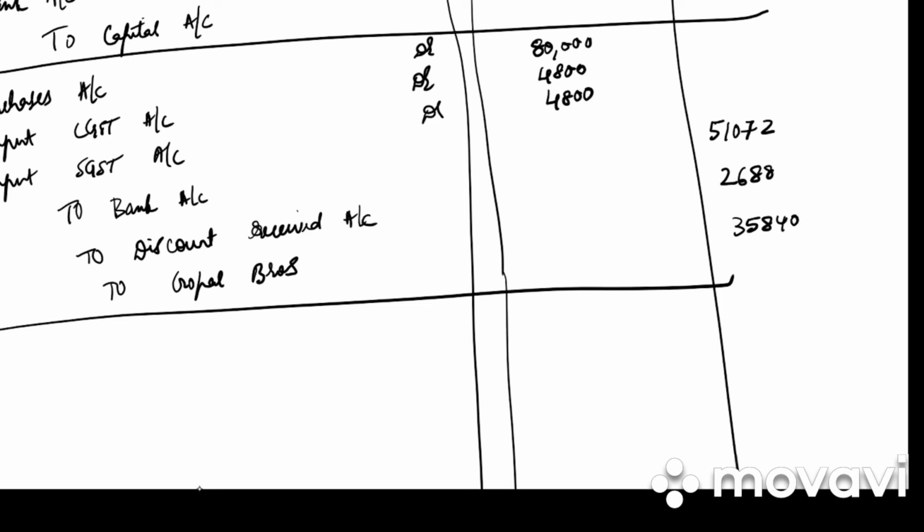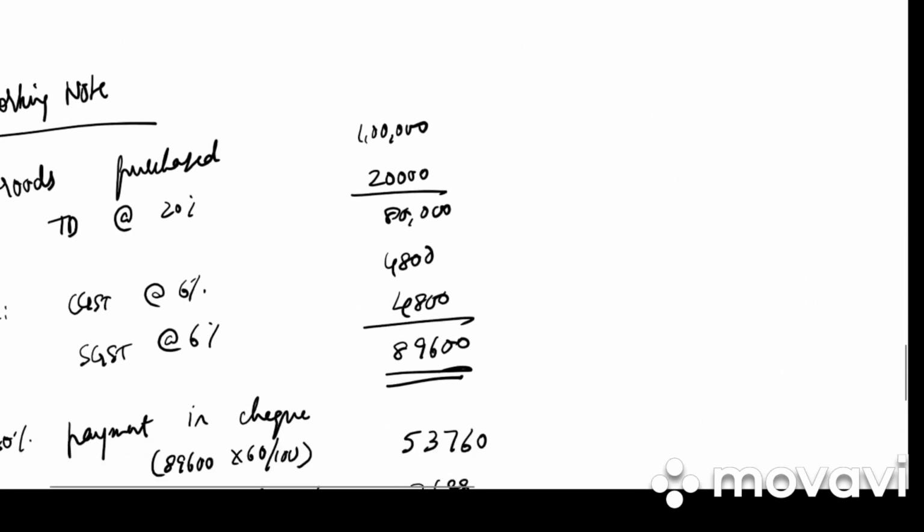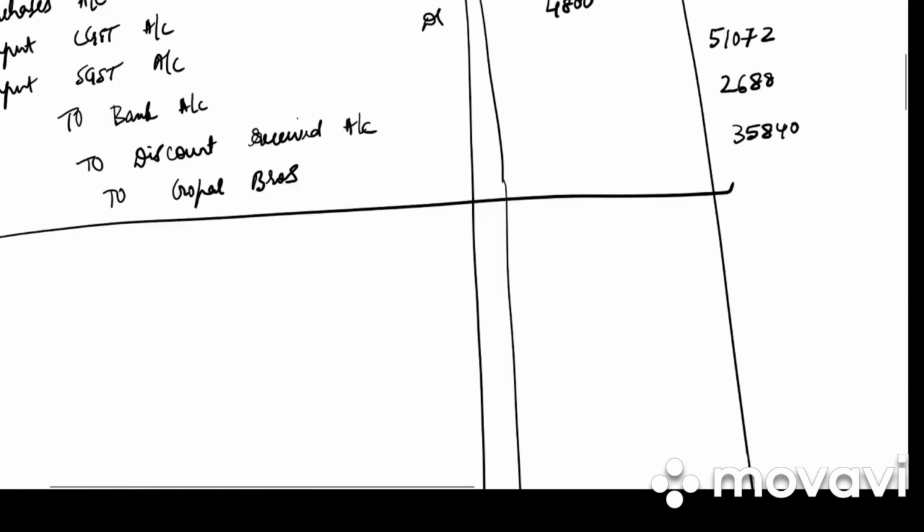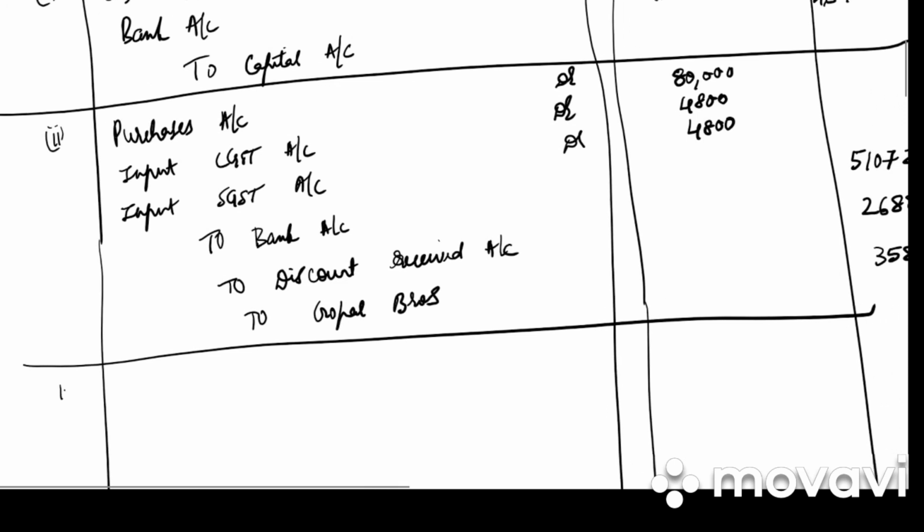Goods purchased at 20% trade discount and 5% cash discount. Why did I take the cash discount on 51,000 and not 80,000? Because 60% we made payment by check and after that we got the cash discount. That is the reason we took 53,760 into 5 by 100. Write down the next one, third one.